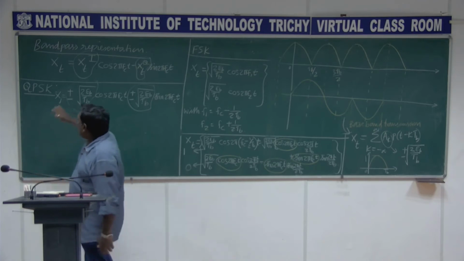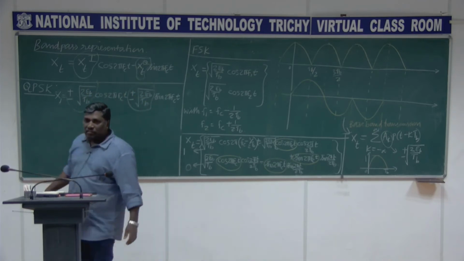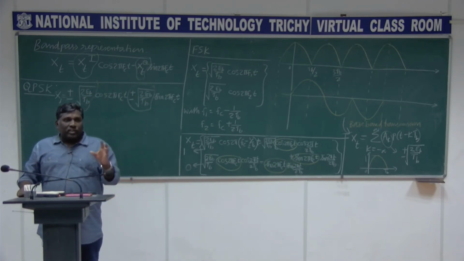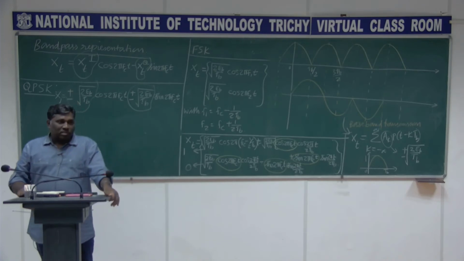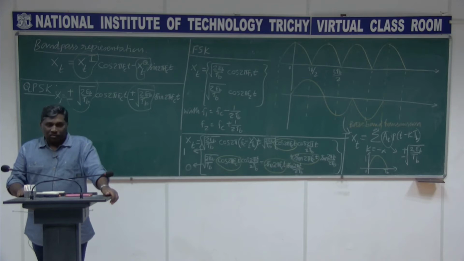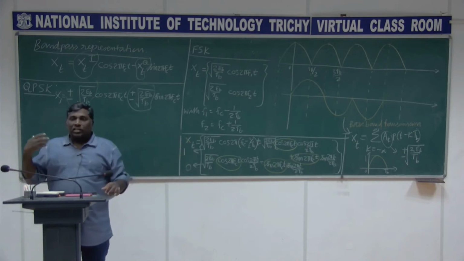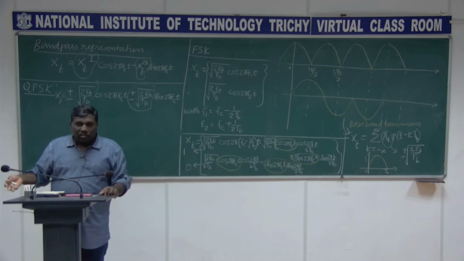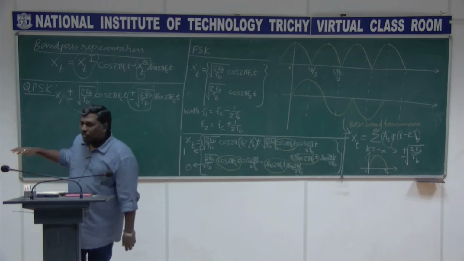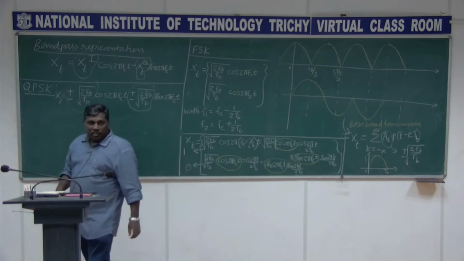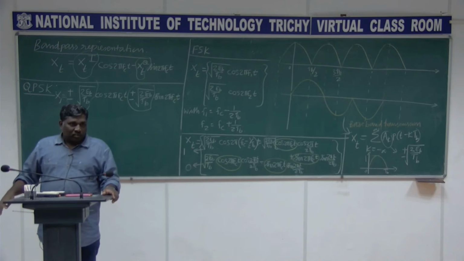This is a more general expression imposing this carrier frequency. If I know this in-phase and quadrature component, then I can write the band pass representation of any signal, like you had here in this case QPSK, FSK, and even PSK, MSK, and what not. You can imagine what shape you want to have for your in-phase. You understood?